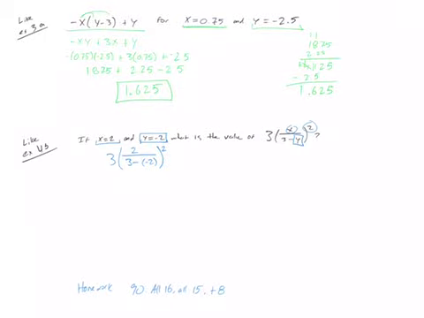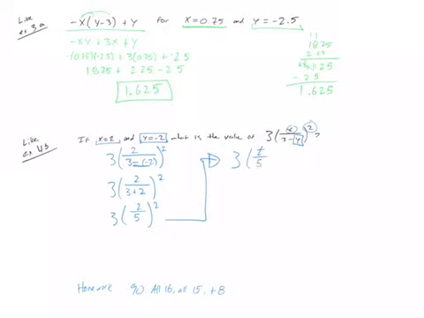Let's see if we can start simplifying this down. 3 stays on the outside. 2 over, well, a minus here, so it'd be 3 plus 2, squared. So it's going to be 3 times 2 over 3 plus 2 is 5, squared. And I'm going to come up this way for more room. It's going to be 3 times 2 over 5 squared, which is the same thing as 2 squared over 5 squared.